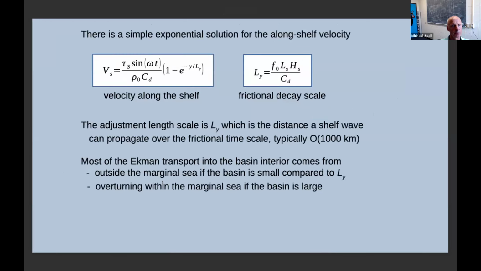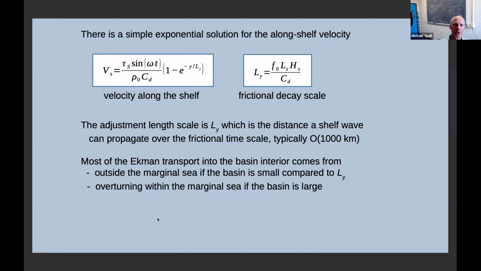So there's a simple solution for that equation, and I take a pressure anomaly as 0 at y equals 0. This is the along shelf velocity. It's proportional to the wind, it's in phase with the wind, it's inversely proportional to the bottom drag, and it has this exponential behavior. So at y equals 0, there's no velocity along the shelf, consistent with me saying that the pressure anomaly is 0 at the strait. But as we move cyclonically around the basin, this term gets smaller and we develop an along shelf flow.